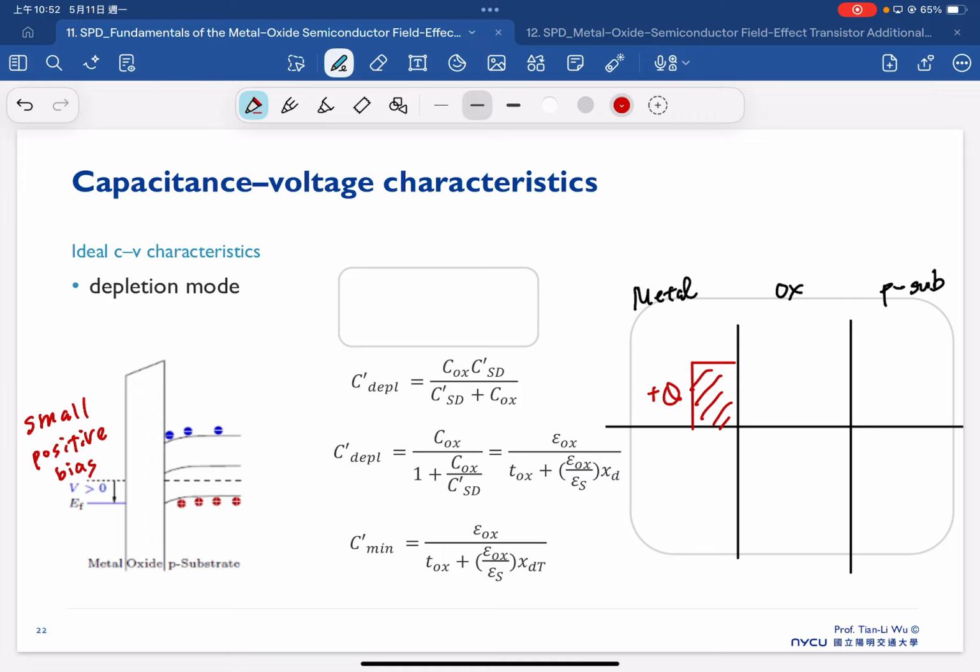To maintain the charge neutrality, for sure we will start to have negative charge induced in this region. We consider this a condition where we start to have depletion, so we define this depth as XDT. And now we put in an additional AC signal.